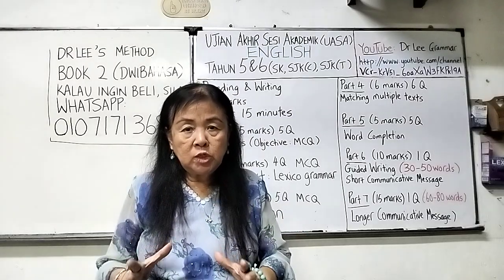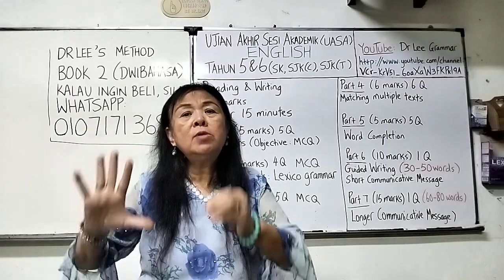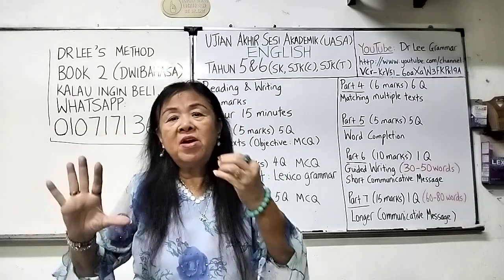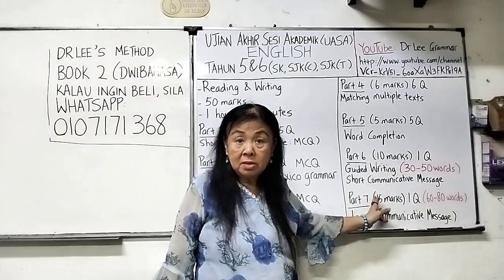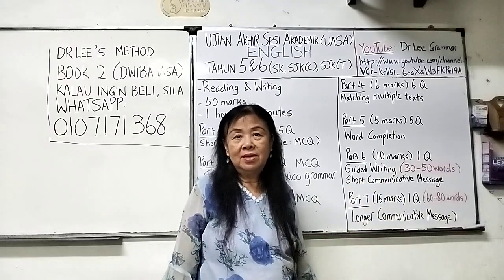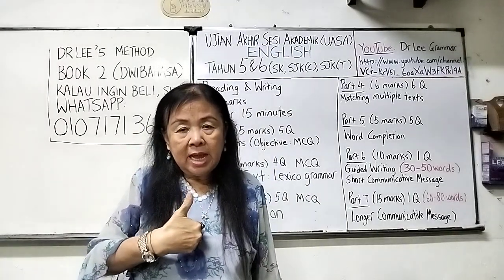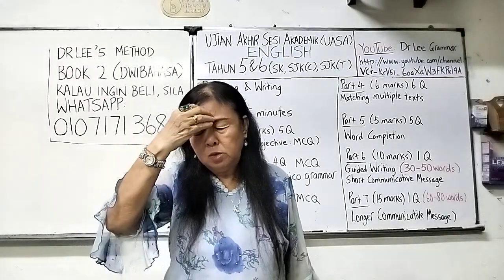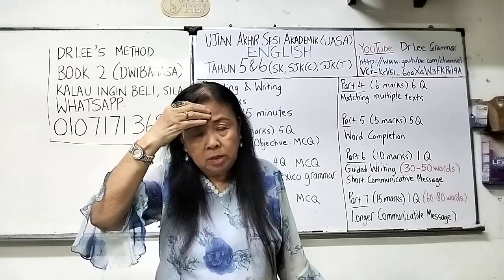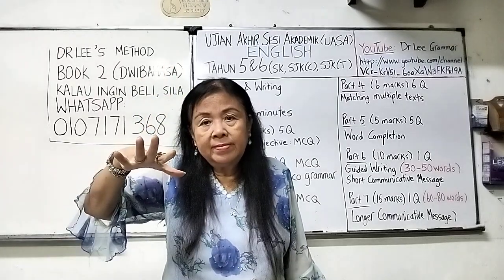You don't want a situation where you spend so much time on the first 5 parts, leaving you no time or very little time to do these two, because these two carry 25 marks. Let us say I am the student, and I use 1 hour or 40 minutes to do part 1 to part 5.